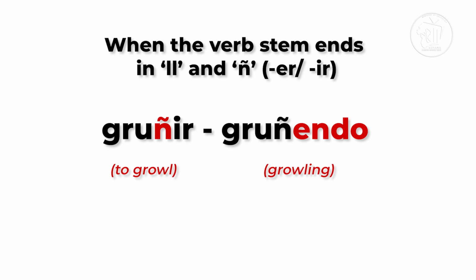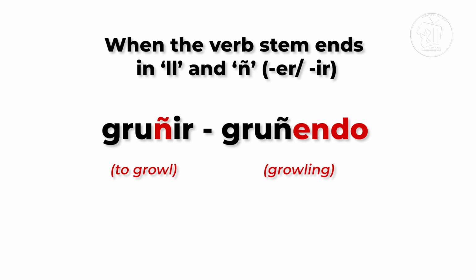Our stem is GRUñ. And if you recall, the rule states that when a verb stem ends in LL or ñ, we do not add IENDO. Instead, we only add ENDO.